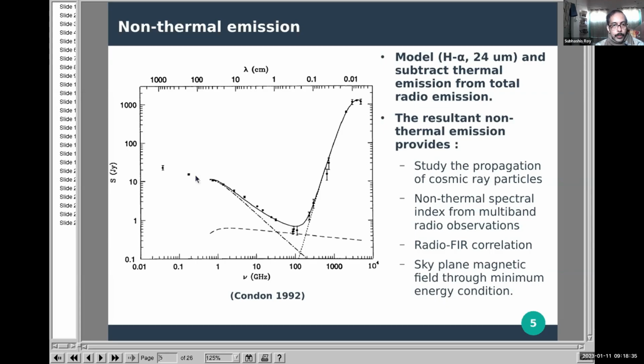What one does is model the thermal emission using H alpha or 24 micron or a combination of them, and then subtract this thermal emission from the total radio emission images. The resultant non-thermal emission provides multiple things. As I mentioned already, you can study the propagation of cosmic ray particles. You can study the non-thermal spectral index from multiple radio observations. You can find the radio correlation. You can also find the sky plane magnetic field through the minimum energy condition.